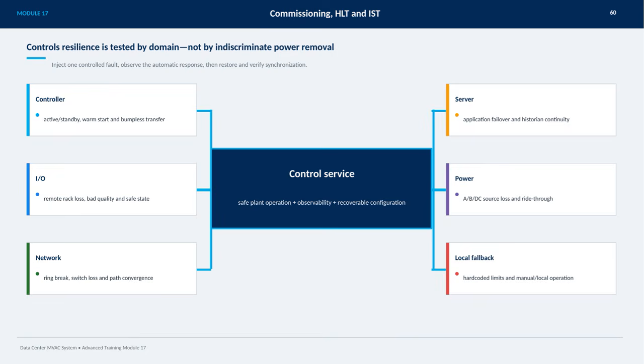Power tests involve A, B, and DC source losses along with the system's ability to ride through these disruptions. Additionally, local fallback is tested through hard-coded limits and manual or local operation modes. Finally, the control service is evaluated to guarantee safe plant operation, observability, and recoverable configuration, ensuring the system remains robust and reliable even under fault conditions.